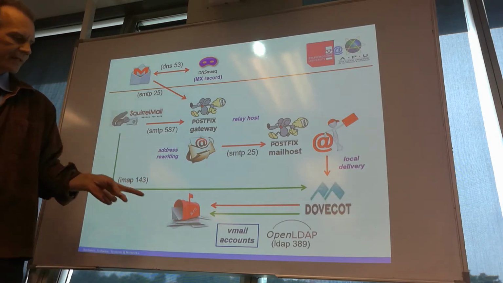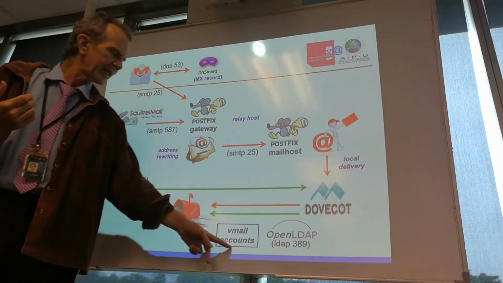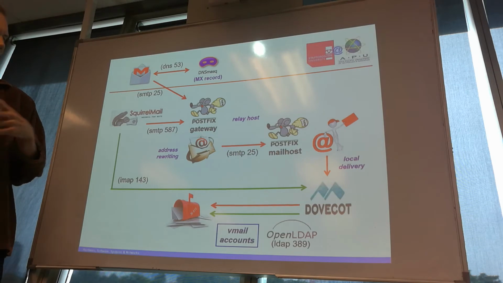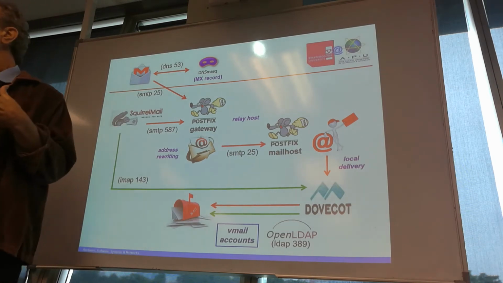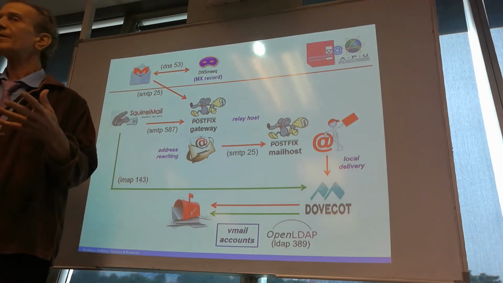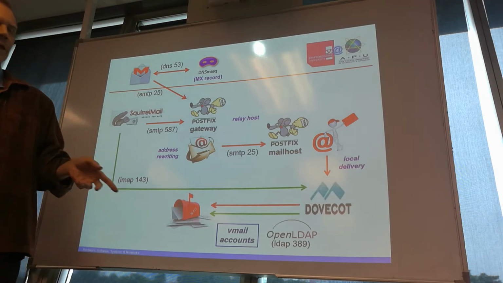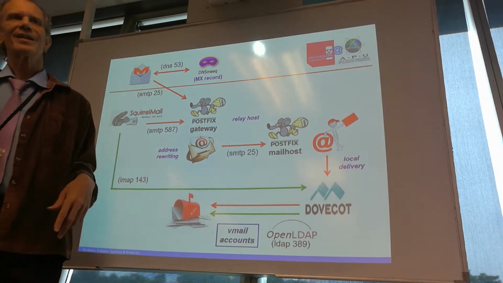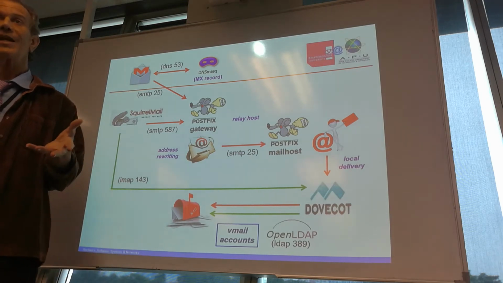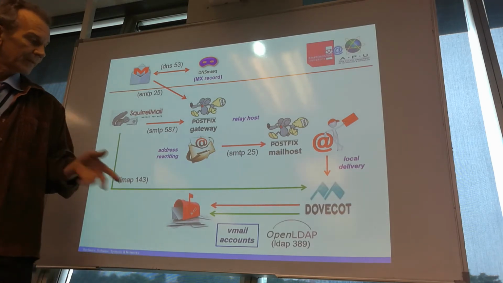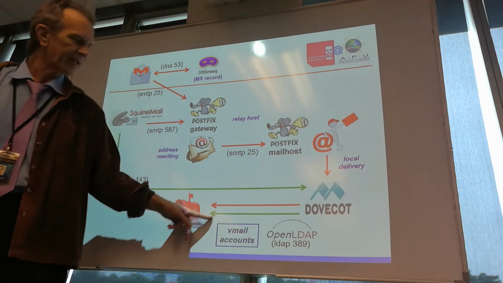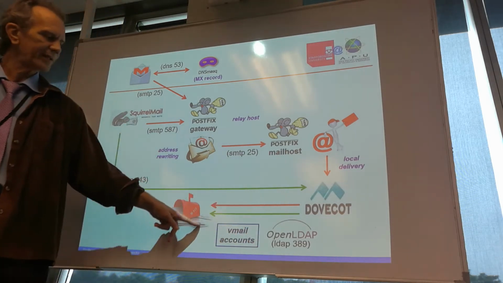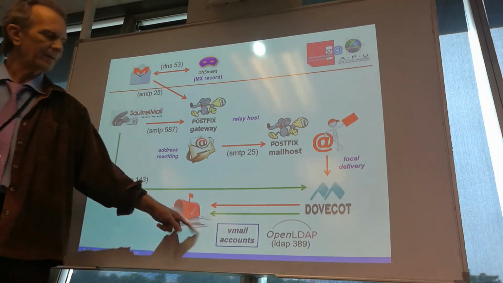So there's one set of what they call here Vmail accounts, which are separate from the system accounts, so you can't log into mail as root unless you've explicitly created it. And this is a fairly manual, labor-intensive system.